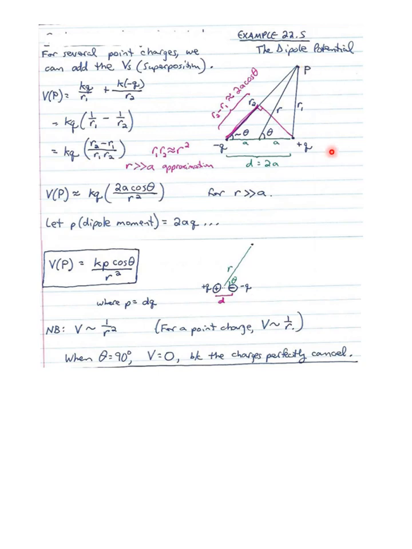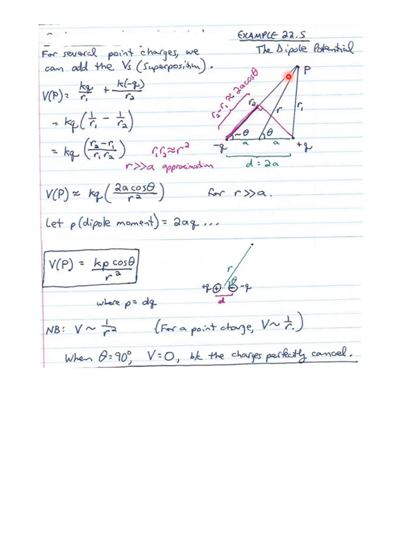So for several point charges, in this case only 2, we can add the voltages by superposition. So we can say that the voltage at P is, we'll take for the positive charge first, kq over that distance, which I've labeled R1, plus for the negative, k times negative q over R2.